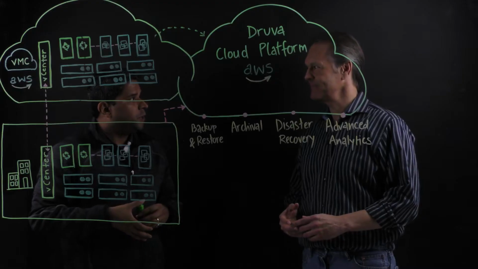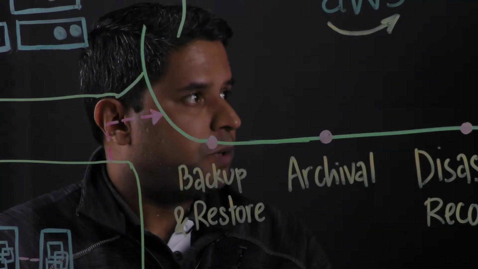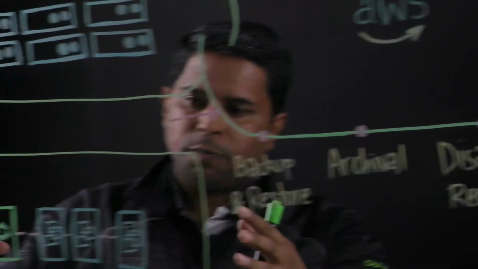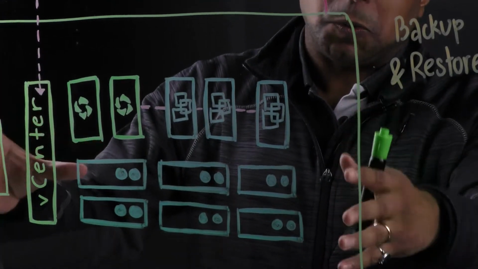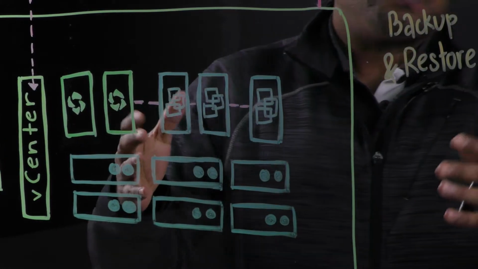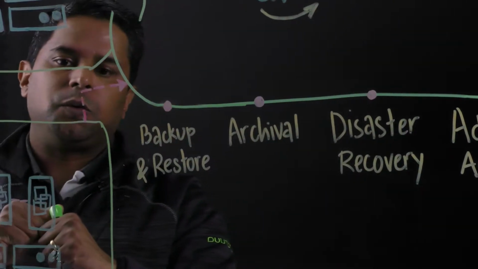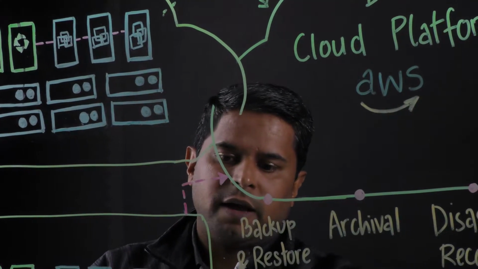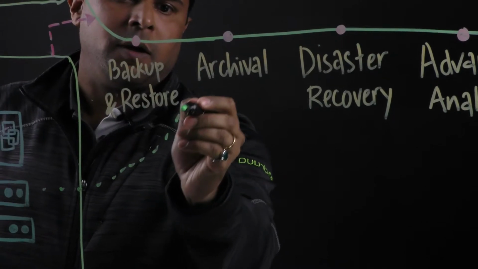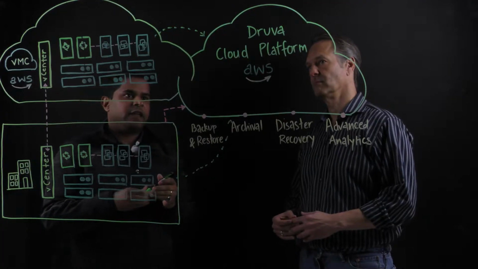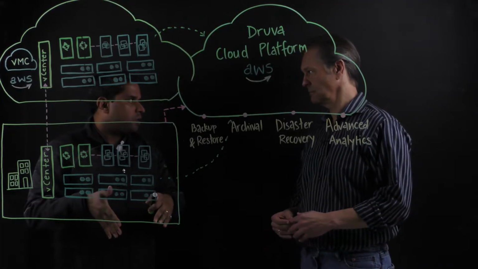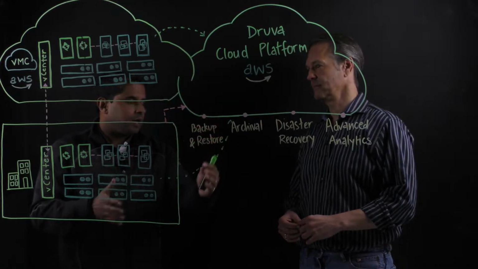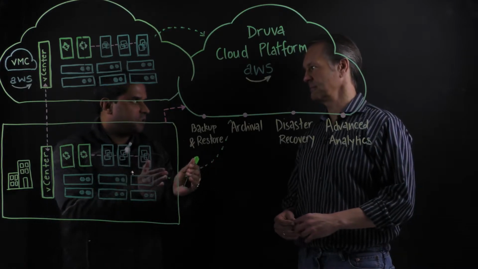When we are doing backup, we do something which we call global deduplication, which means that until now, dedupe was very specific to a particular site in a traditional legacy world, right? We have changed that notion because of the cloud itself. Now, since a backup of a VM has happened from cloud to cloud, and if a backup of a VM happens from on-premises to cloud, and if they have any dedupe blocks, they will dedupe among themselves, which means that what you're consuming in cloud from a storage perspective, your capacity, is much reduced.